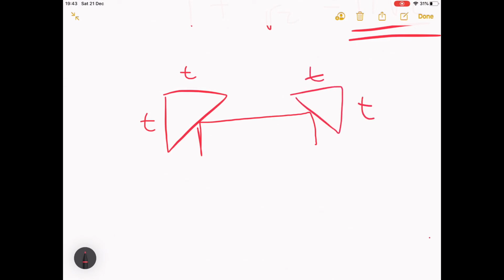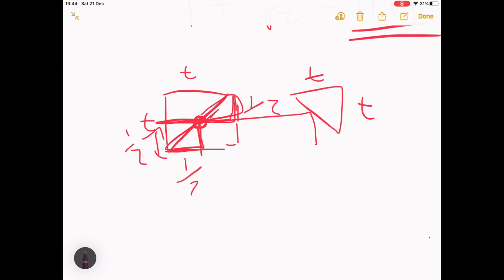And we basically know that to find the lengths of this and that, if we drew a hypothetical square here, the point where it meets here is the midpoint of the square. So if we drew a perpendicular from this point to the end, that basically would just be half of t. So we know this is half of t, we know that's half of t.